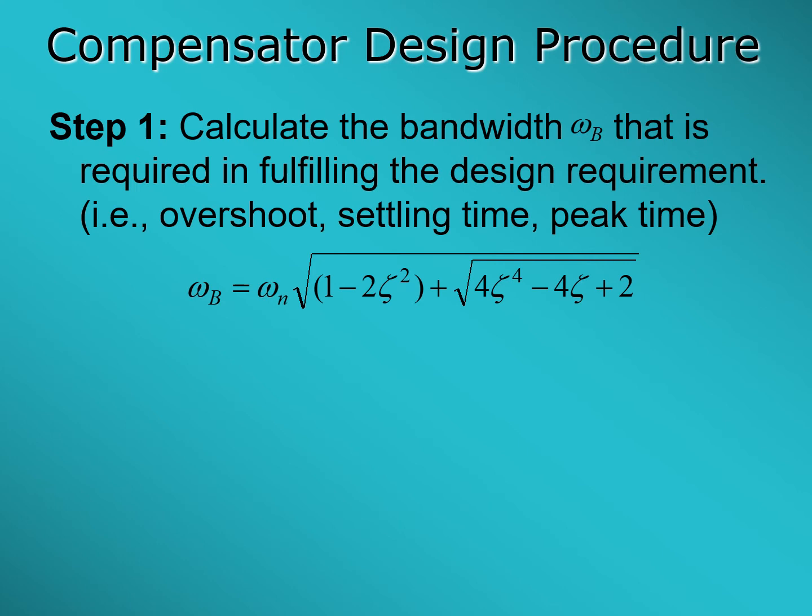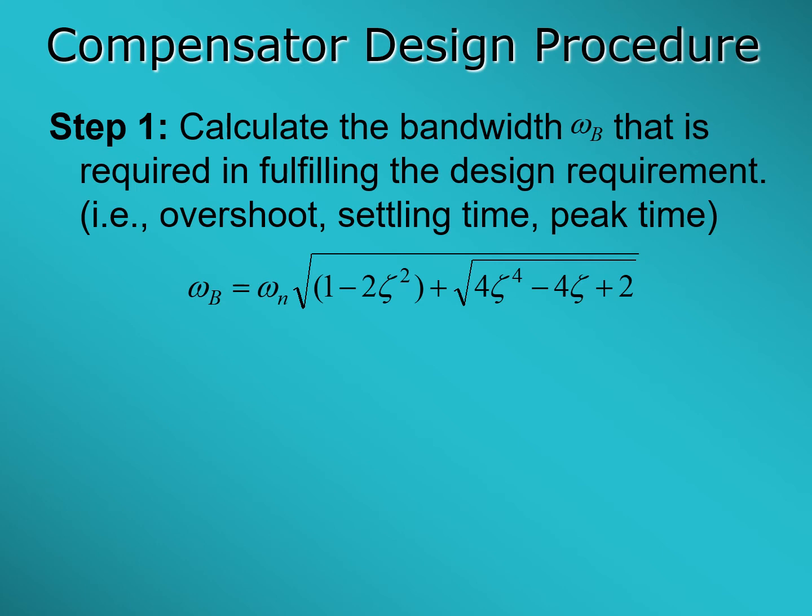Okay, next I will explain the procedure to design the phase-lead compensator. Basically, like a root locus or a Bode plot, you need to have a procedure. The first step in designing the phase-lead, first you need to calculate the bandwidth omega B that is required in fulfilling the design requirements such as overshoot, settling time, and peak time.